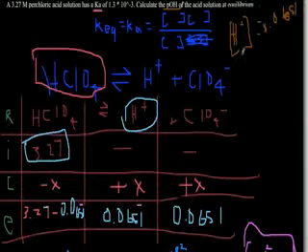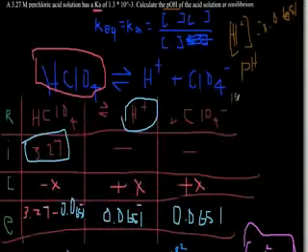This H plus is suited to find pH, not pOH. So what we can do is find the pH and then take 14 minus that to find the pOH. So the pH is equal to the negative log of this H plus concentration.